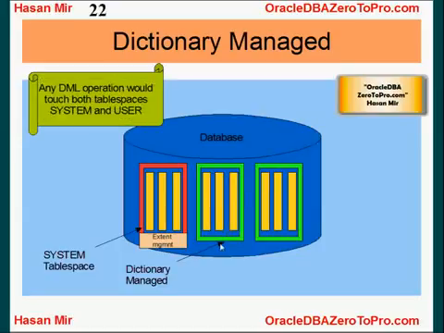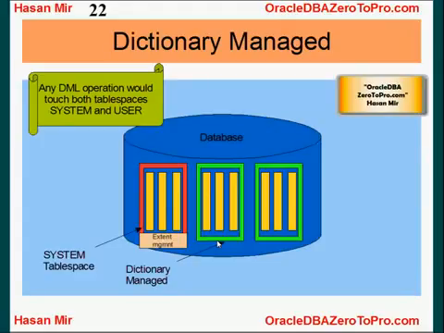Okay, if you perform any DML, data manipulation operation, DML stands for data manipulation language. If you want to become a DBA, it's a good idea to have a good knowledge of SQL, structured query language. So DML operations are: if you want to update a table, delete something from the table, or insert new records in the table, they're all DML operations.